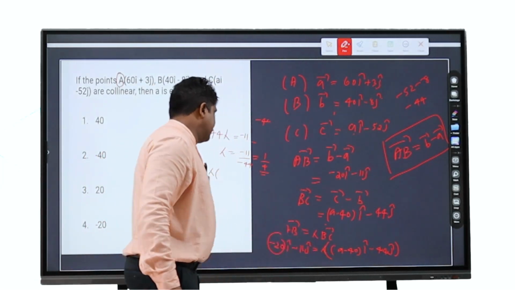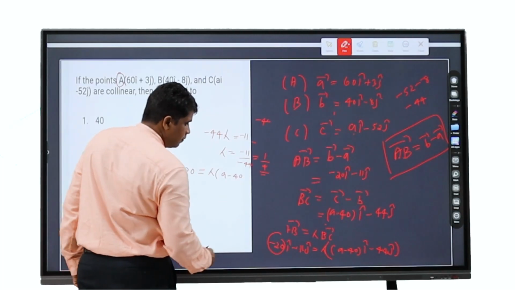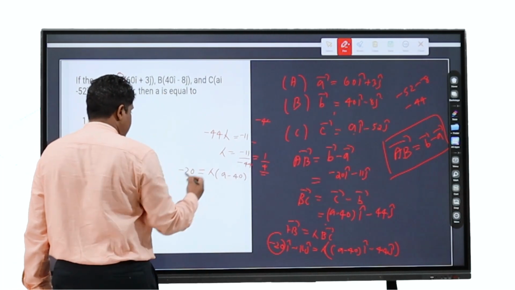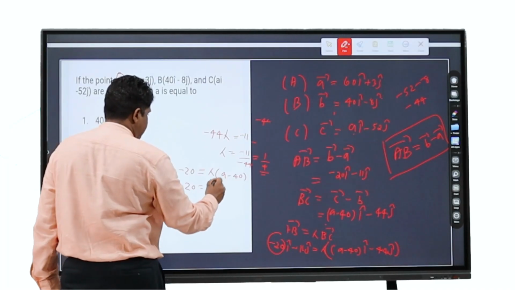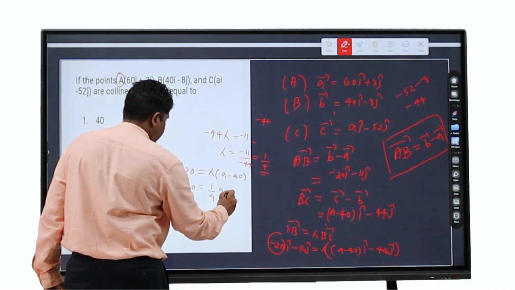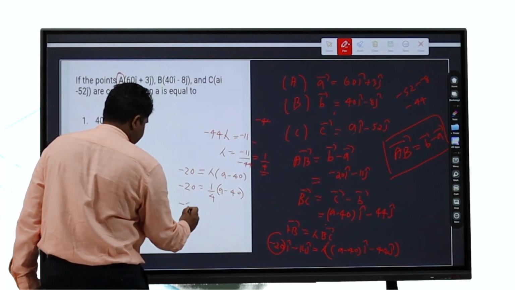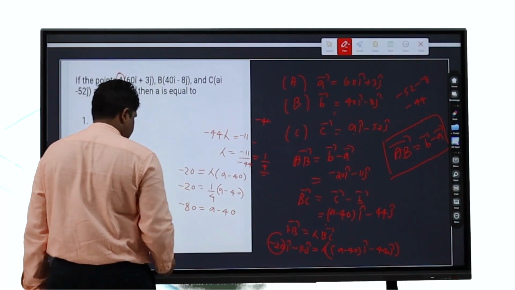So A minus 40. Then lambda is minus 20, lambda is 1 by 4 into A minus 40. 4 into minus 20, that is minus 80, is equal to A minus 40.